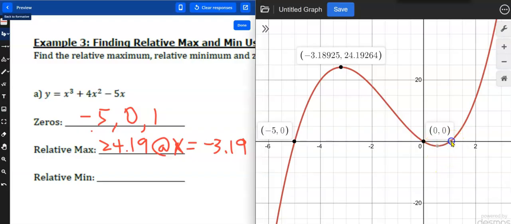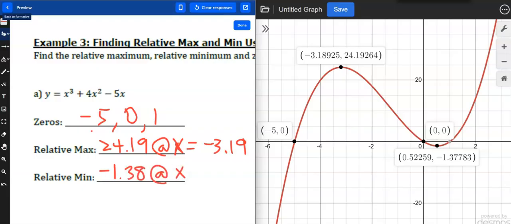I'm going to try to, there we go. -1.38 at x equals 0.52. So, sorry, that 24 looks a little ugly.